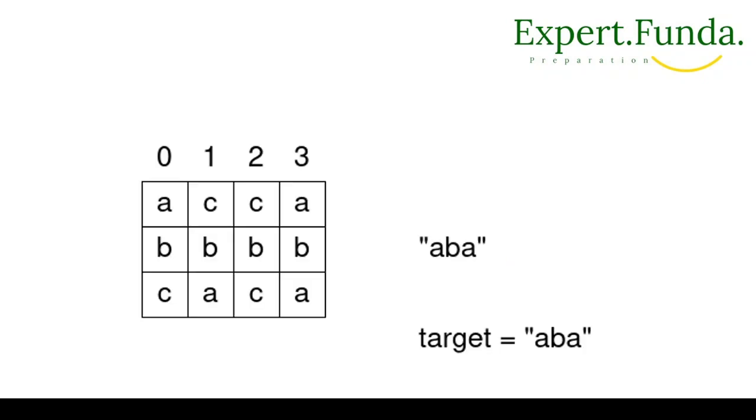And once our target is ready, we will store the number of ways. So let's suppose we have dp at i and j. dp of i and j is the number of ways to build a prefix of the target.